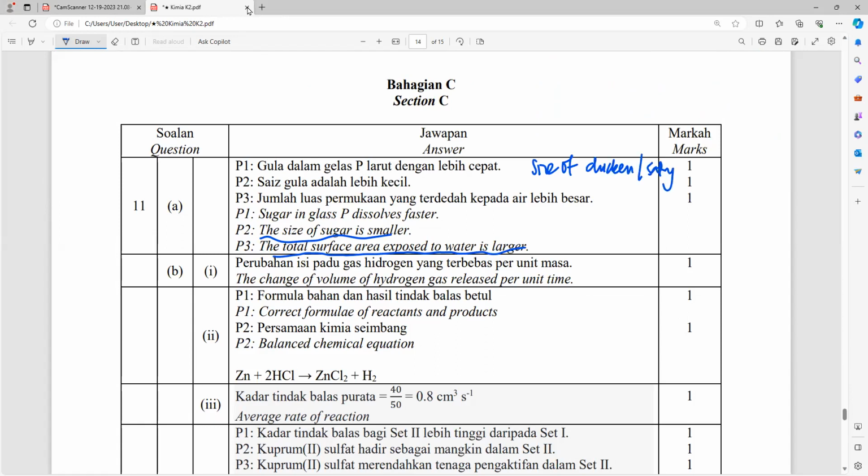Except that maybe for this question, you will say that smaller size can absorb more heat. This one is a different marking scheme. More heat compared to bigger size.